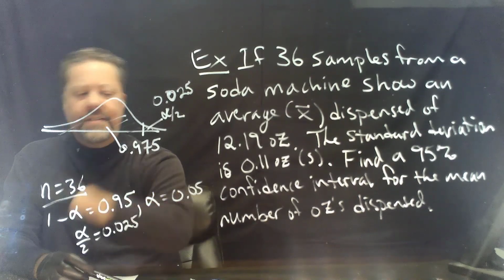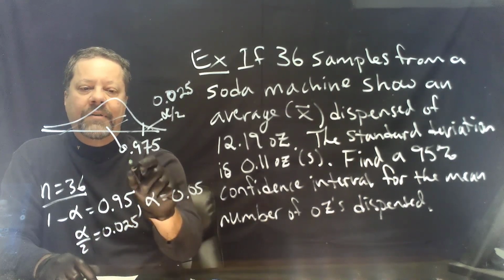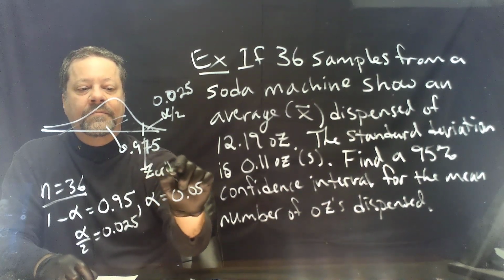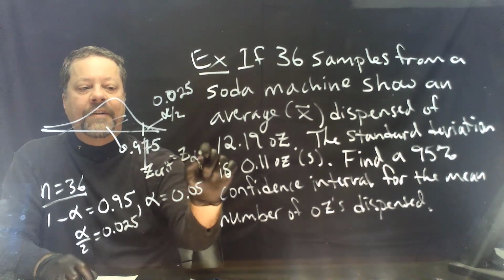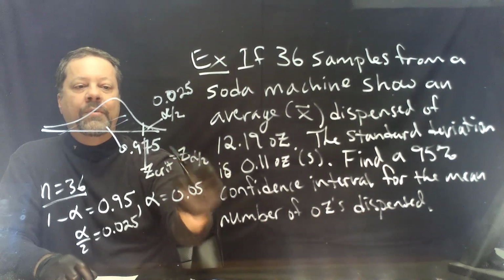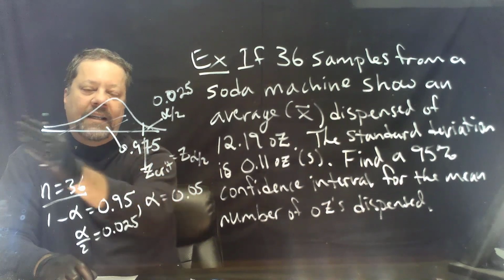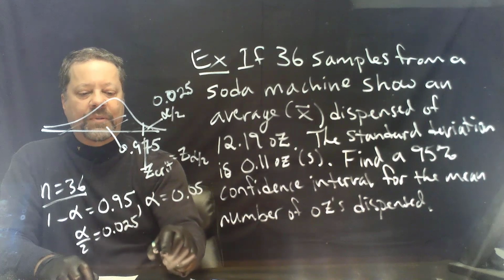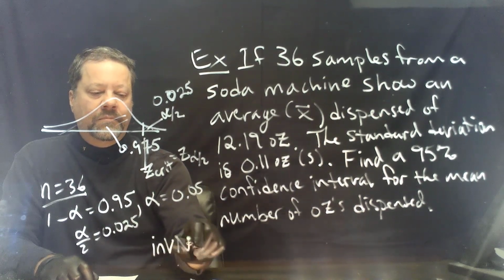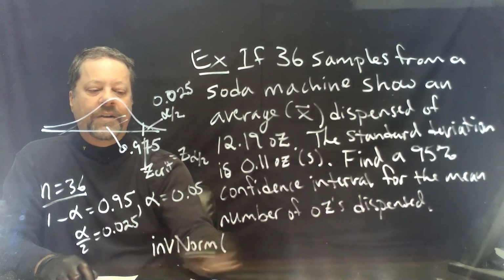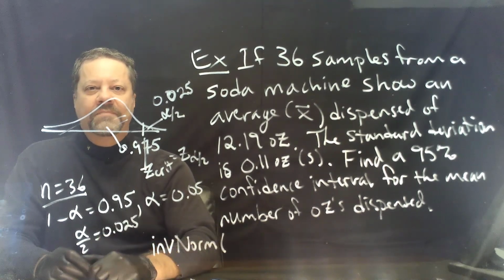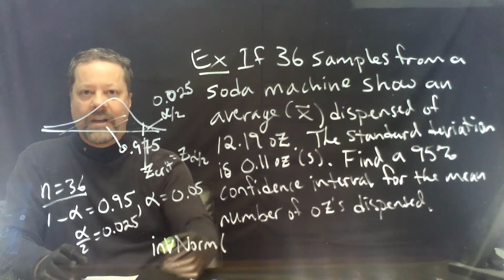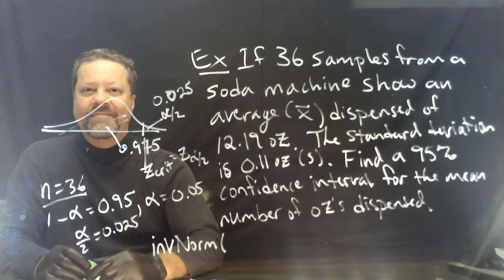We can use this value to determine the critical z-score, the z-crit, which is our z alpha over 2. Alpha over 2 will be the area in the right tail, and everything else to the left. So we'll use the inverse normal function on the calculator. Remember that on the spreadsheet, it's not inverse normal or inverse norm, it's norm inverse.